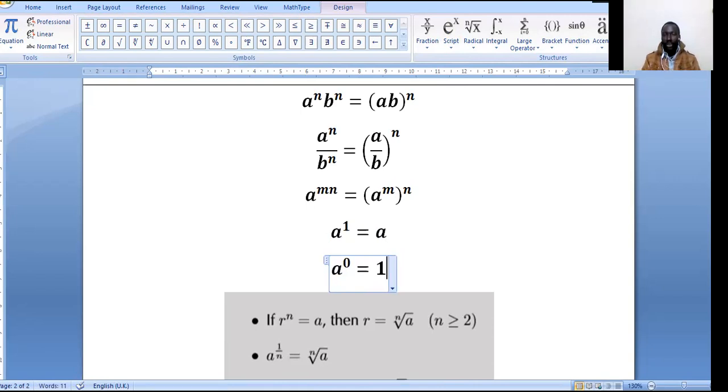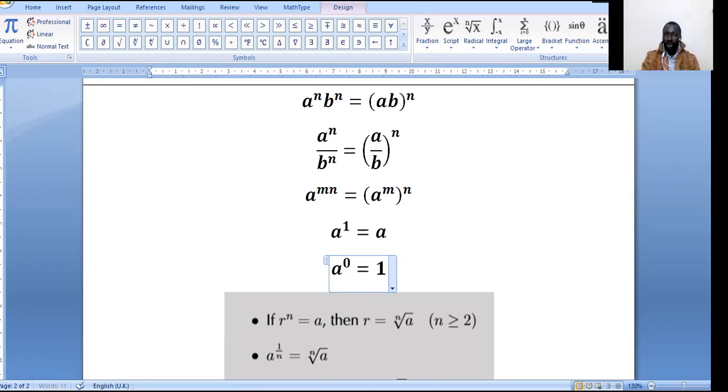Notice that the reverse is also true. We can write 1 as a raised to power 0, or we can write a as a raised to power 1. These form the basic foundation for the laws of exponents.